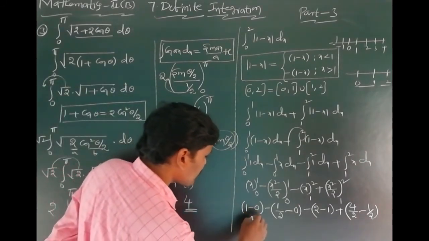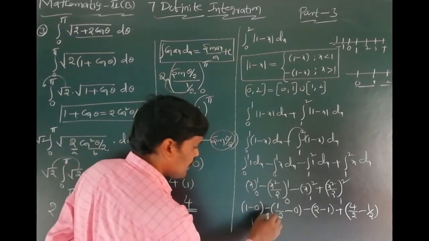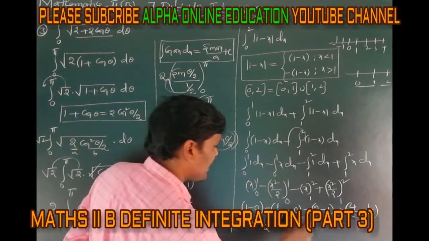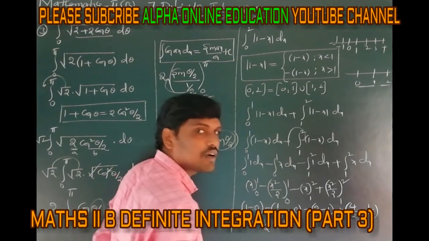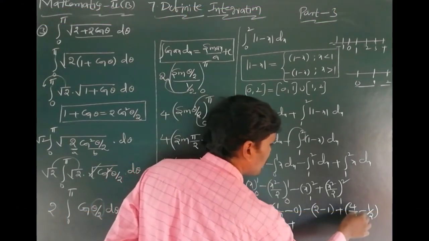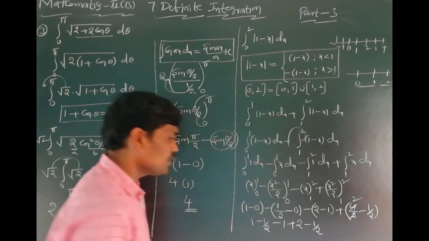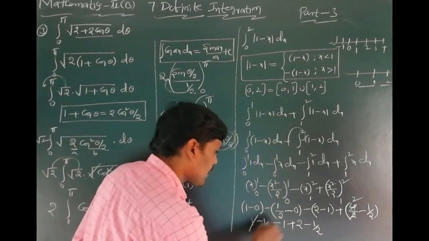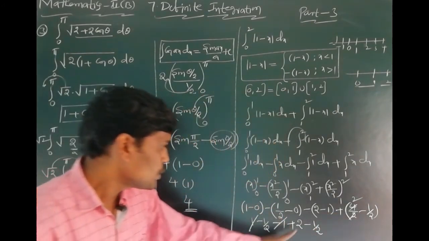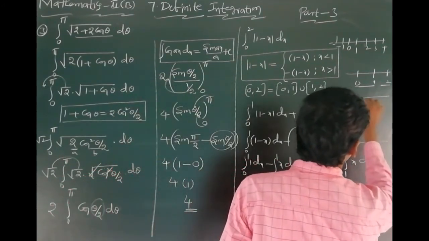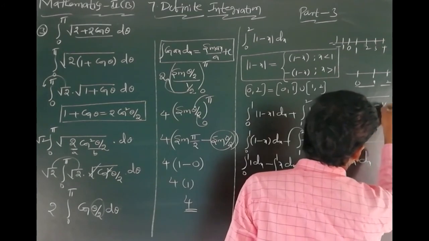You get what? 1 minus 0 value 1, minus 1 by 2, minus 0 value, 1 by 2, minus 2 minus 1 value 1, plus 4 by 2 nothing but 2, plus 2 minus 1 by 2. Here 1 minus 1 gets cancelled. 2 minus 1 by 2 minus 1 by 2.